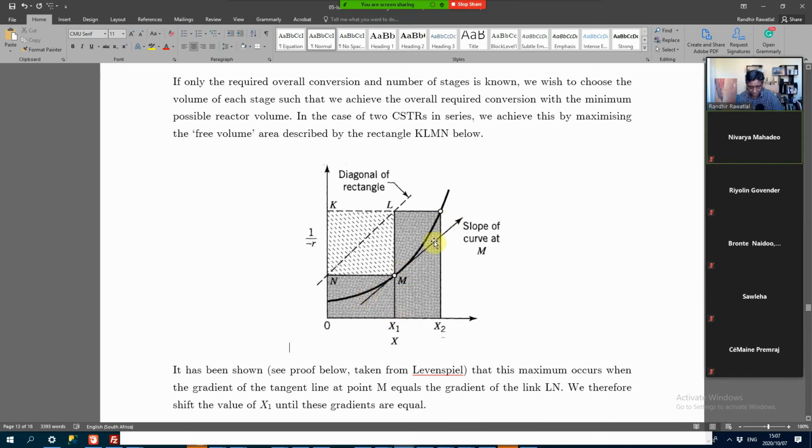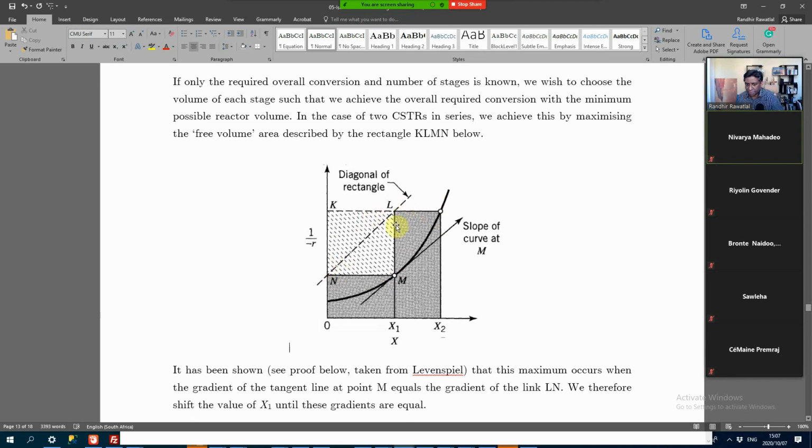So you can see here, that's the gradient at that point. And when you choose this point, that also specifies this point, because we've defined our x2. So we've got this point and this point specified. And then moving horizontally here, that also specifies that point. So we can draw a line here.